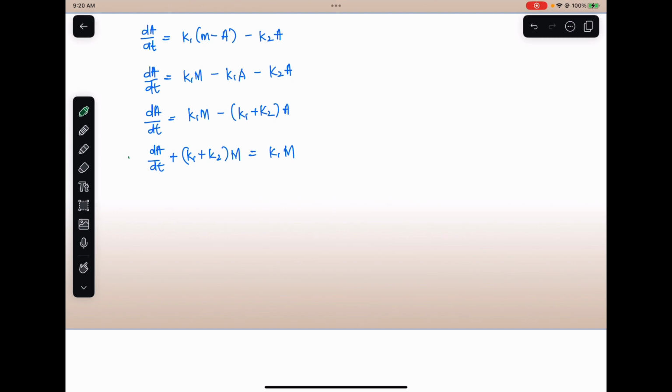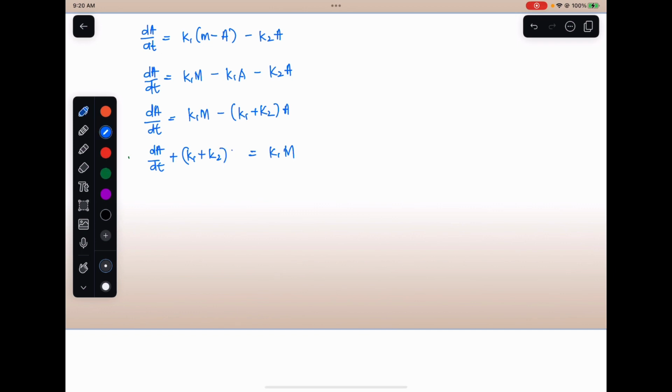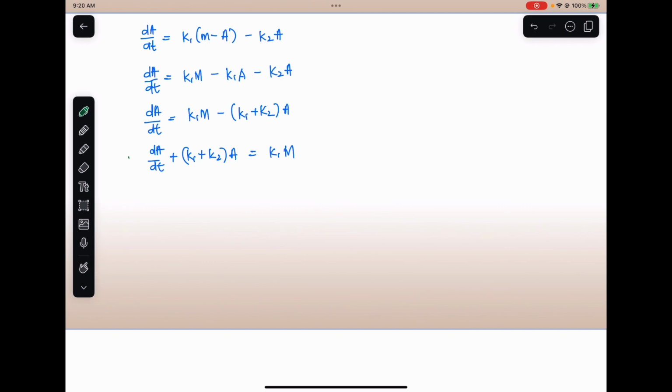From here, we can see that we have a linear equation, linear in A. So our P of t will be K1 plus K2, and our Q of t is K1 times M. Only A and t are considered to be variables.